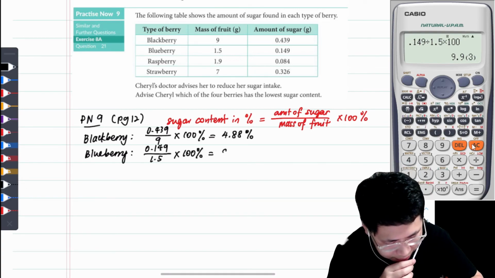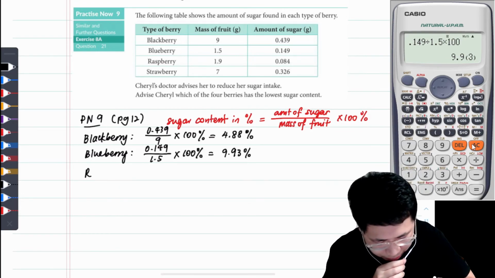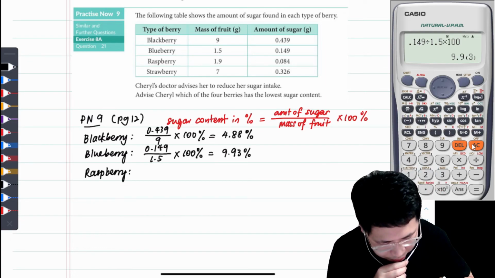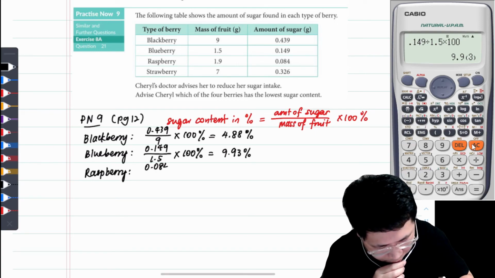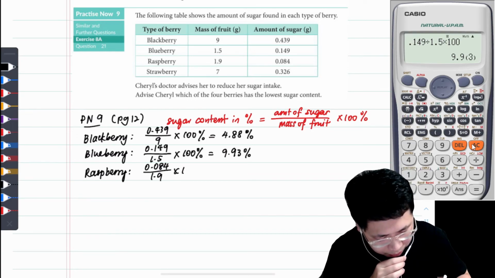I'm just going to write this as 9.93, since three significant figures should be good enough to compare. Next, raspberry. For raspberry we have 0.084 over 1.9, and we multiply this by 100%.